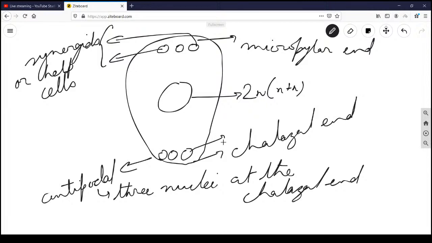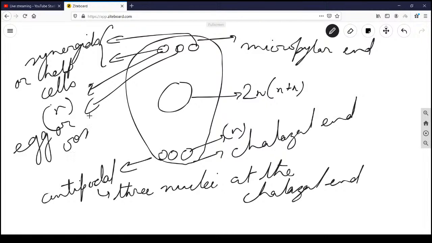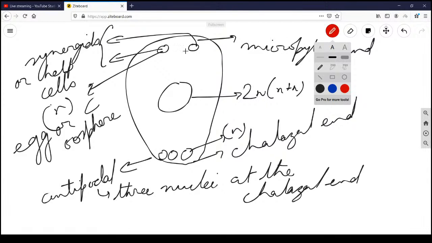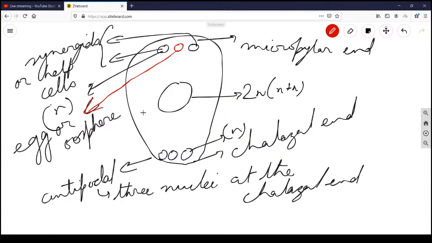All have ploidy of N each. Very, very important. This one is the most vital. So now we have understood all the cells.